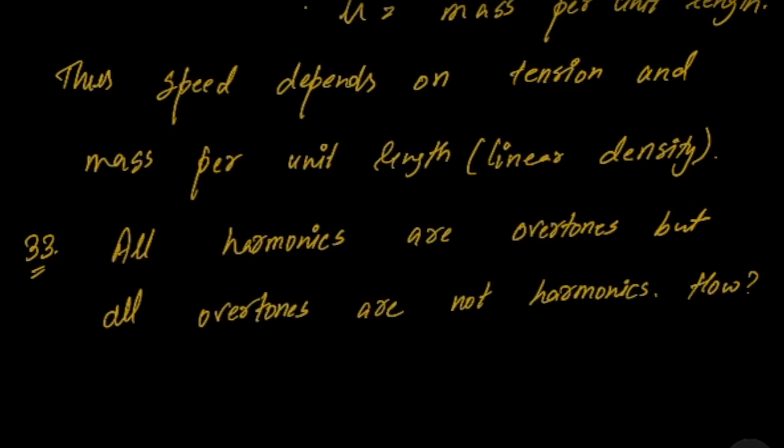Why? Because the frequencies of a closed pipe are F, 3F, 5F. So 3F is the first overtone and 5F is the second overtone, but not a harmonic.